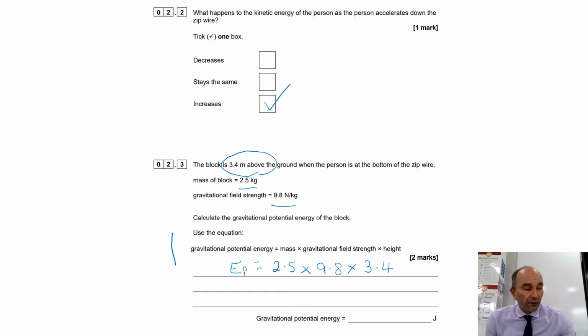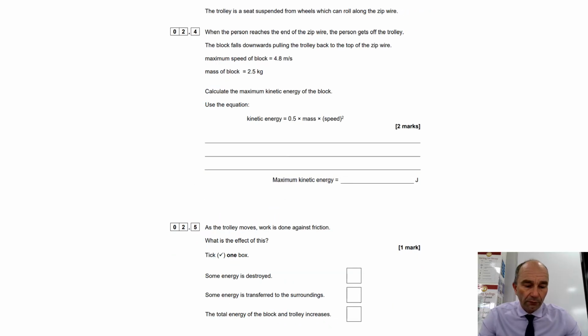Then put those numbers into your calculator, and that will give you an answer of 83.3 joules. Now, if you rounded that to a whole number, and you got 83, that would also give you the second mark. So I would suggest that you always show your working out, just in case you make a mistake with your calculator, you'll get your working out marks. Two nice marks to pick up.